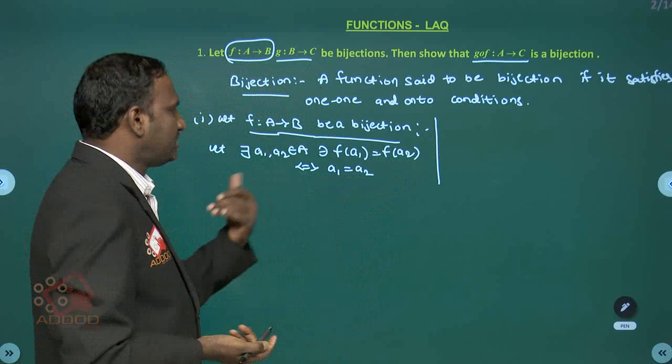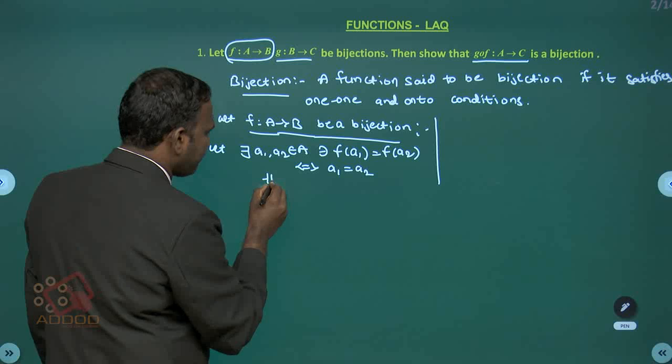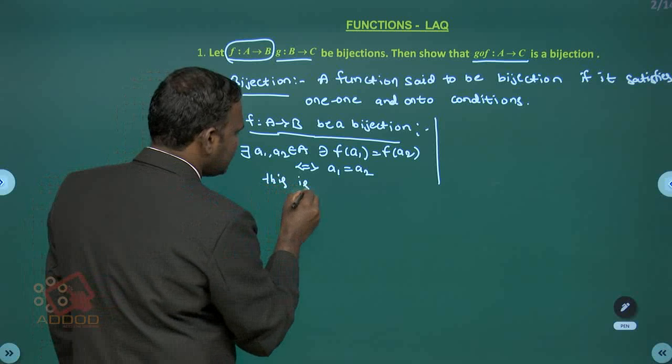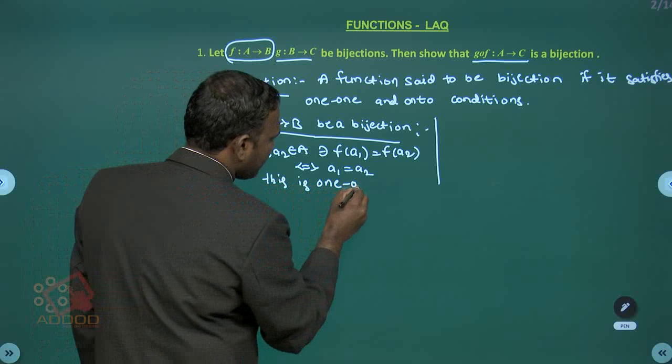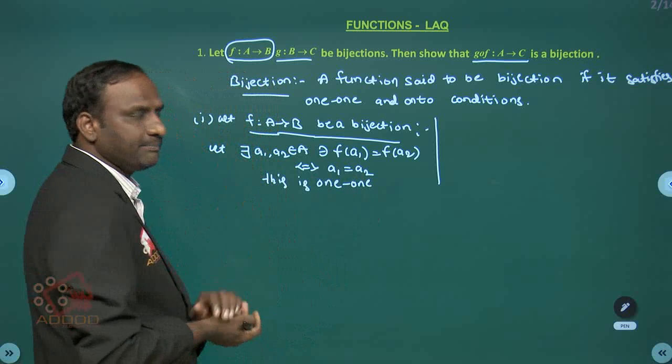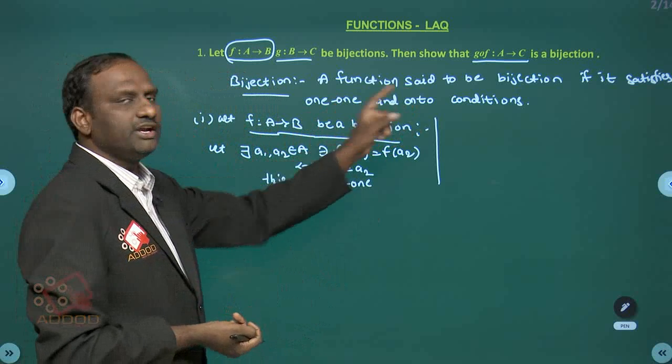This is one-one. That is condition 1. Next we need to take onto.